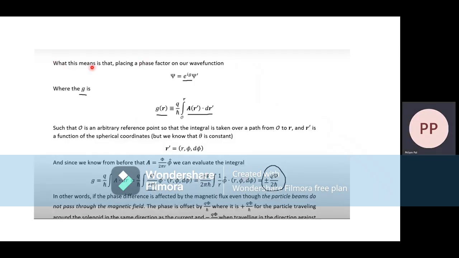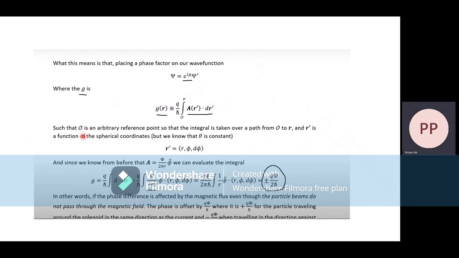So what this means is that we place a phase factor on our wave function: psi equals e to the power i g psi prime, where g is expressed in this way.